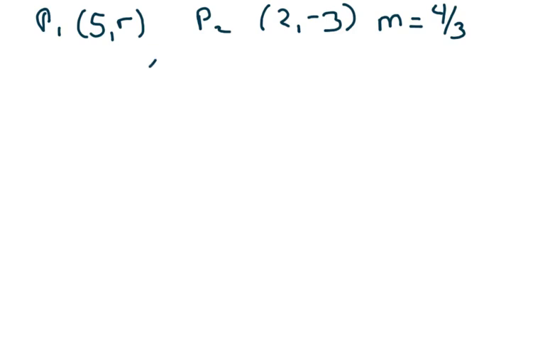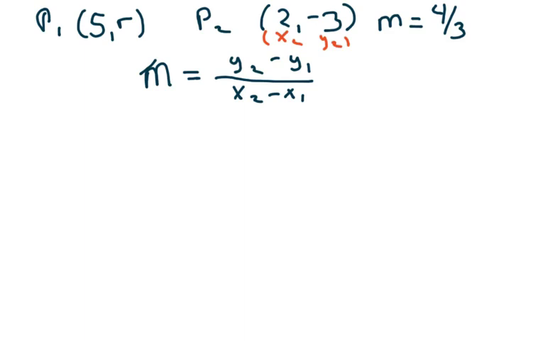So my formula is my slope equals y sub 2 minus y sub 1 over x sub 2 minus x sub 1. So this is point 2, I'm going to call this x sub 2, y sub 2. And since this is point 1, I'm going to call this x sub 1, y sub 1. All right? And then I just fill in everything.